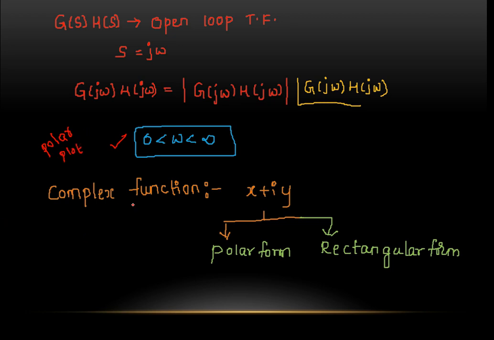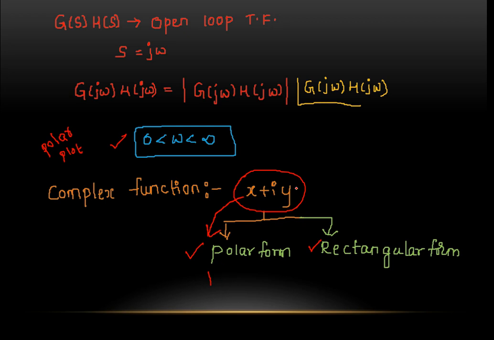So if you have any complex function like x plus iy, you can represent it in two forms. One way is polar form, and another way is rectangular form. If you represent the complex function in polar form, you have to take the magnitude of that complex function.